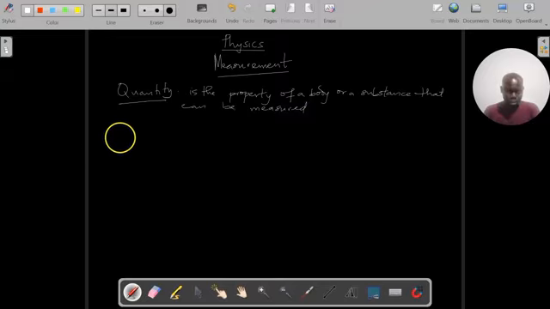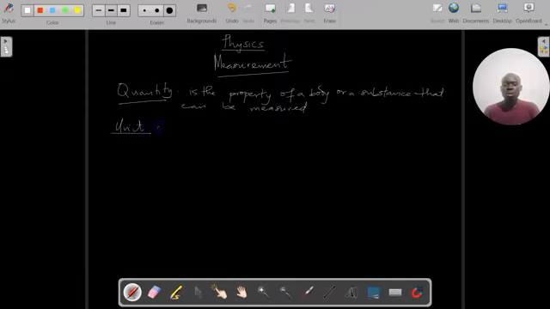For every quantity that is being measured, there is a yardstick through which the quantity must be represented, and that is called a unit.